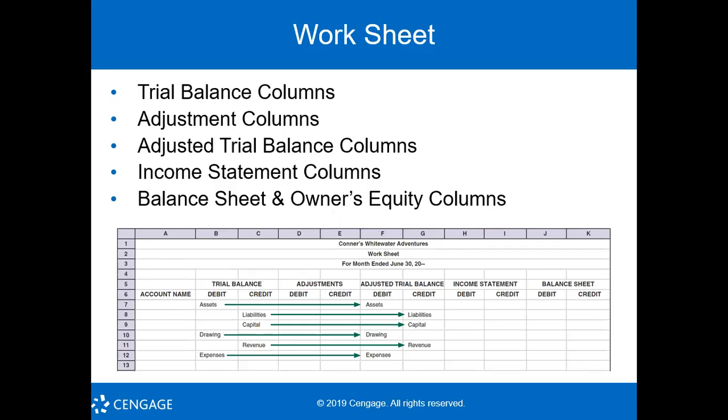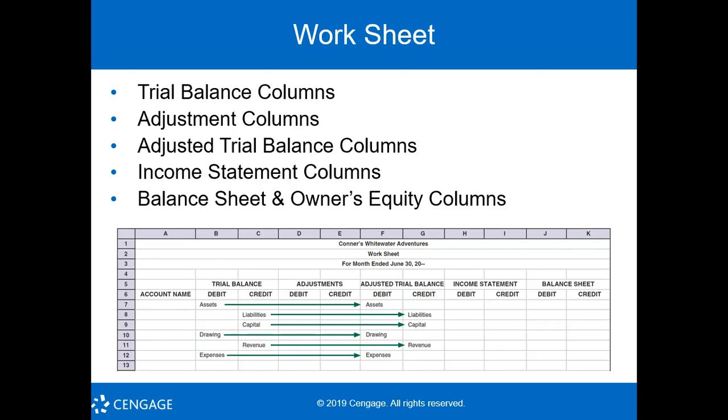The worksheet, and again, we're going to get practice with this in class together. Basically, we start with the trial balance columns. Those are our first columns. And then next are the adjustment columns. These are any of the accounts that need to be adjusted. This isn't going to be every account, but I did point out some of those accounts that are common adjusting entries, like supplies, prepaid insurance, prepaid rent, accumulated depreciation, unearned revenue.